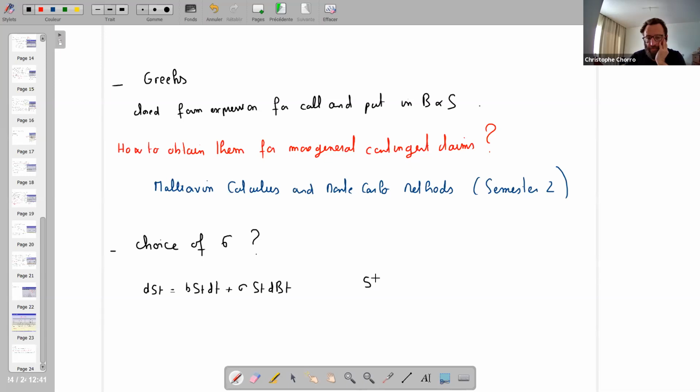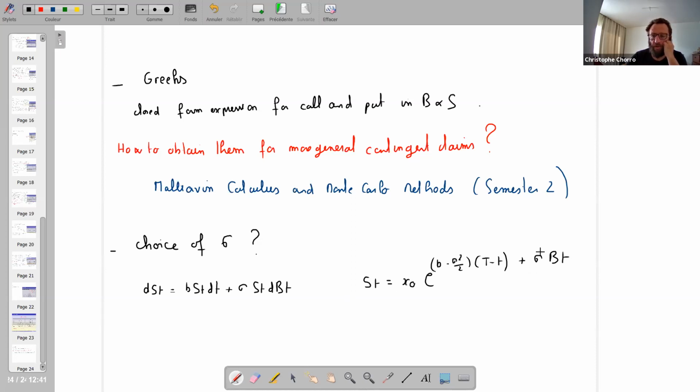In particular, S_T is given by x0 exponential of (b minus sigma squared over 2) times (T minus t) plus sigma B_T.